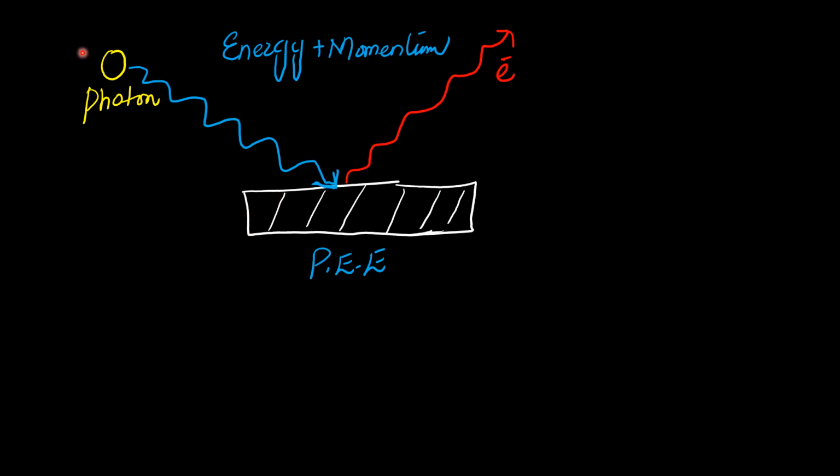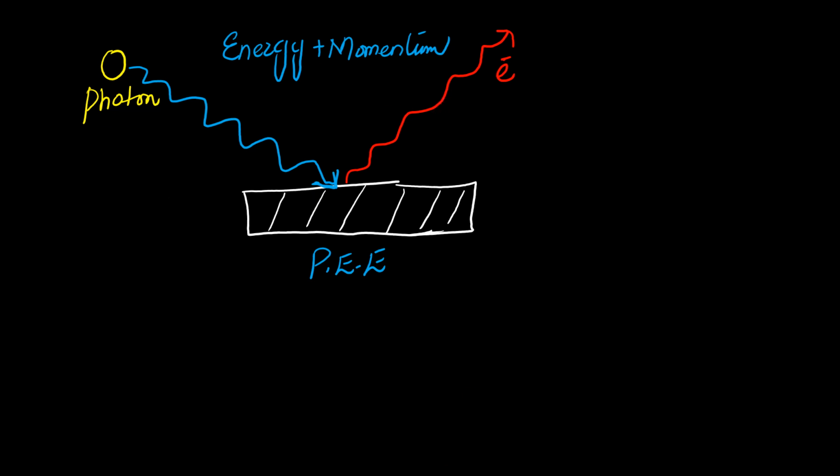If the energy of the photon is higher than the binding energy of an electron present on the surface of the metal, then this highly energetic photon will release the electron. Whereas in the case of X-rays, it is the reverse of the photoelectric effect.